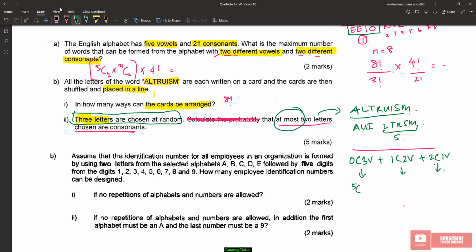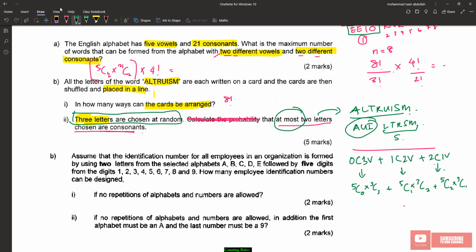So 5 choose 0 multiply with 3 choose 3 plus 5 choose 1 multiply with 3 choose 2 plus 5 choose 2 multiply with 3 choose 1.